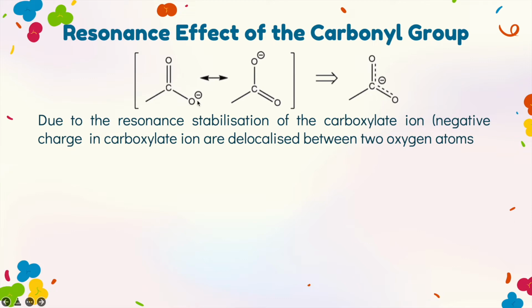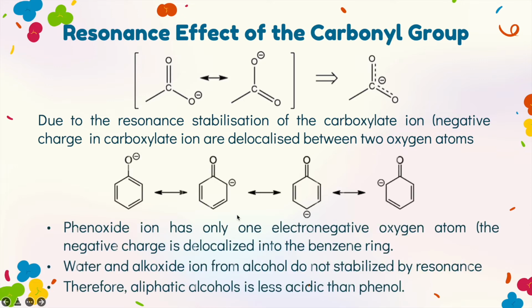We call it resonance stabilization because the electrons are delocalized between these two oxygen atoms. Or you can also draw it like this: the negative charge can be here or here, at either of these two oxygen atoms. This is what we call resonance stabilization, the resonance effect. This is for carboxylate ion.